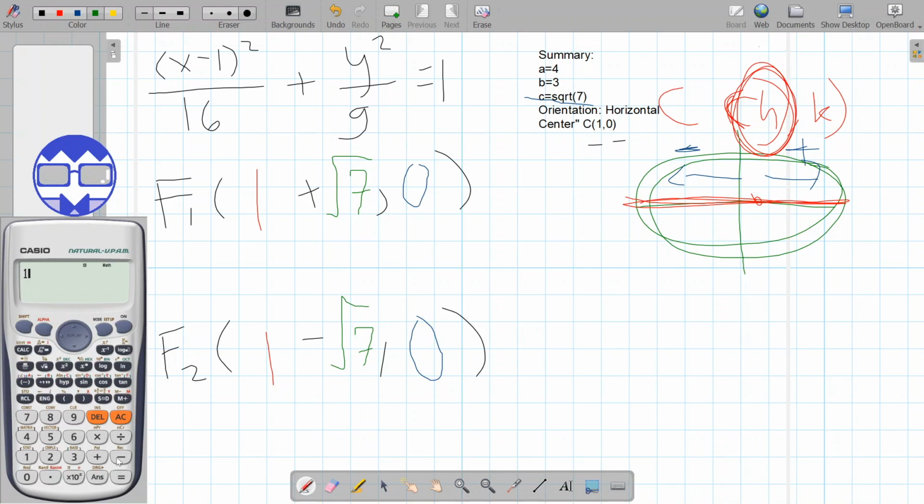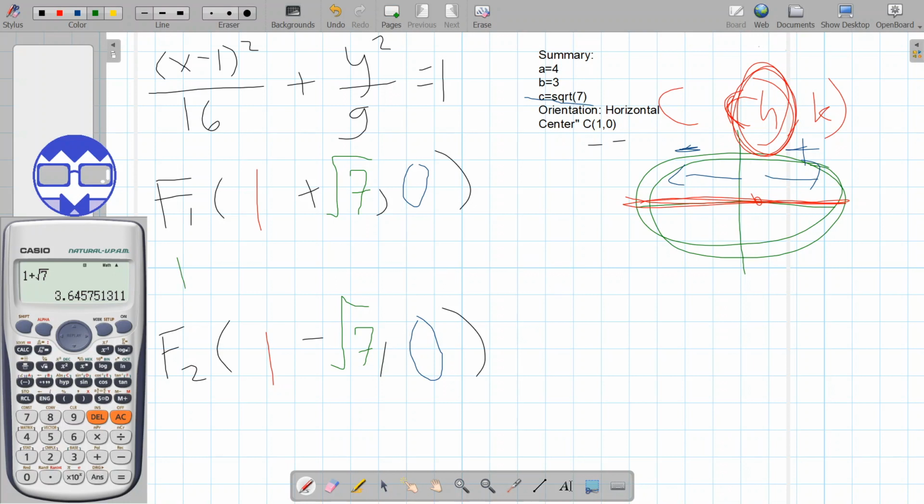So we have 1 plus square root of 7. Just click SD. We have 3.645, or rounding off to 2 decimal places, 3.65.